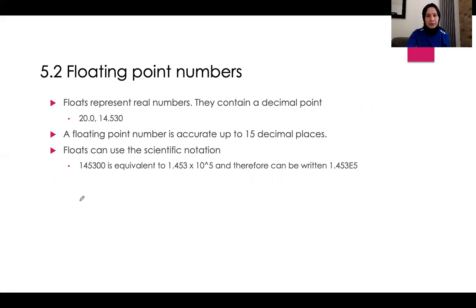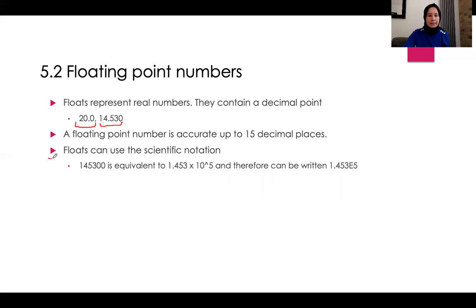And floating point numbers are another data type in Python. Floats represent real numbers and they contain a decimal point. So we have some examples here, 20.0, and 14.530. Those are just examples of float numbers. A floating point number is accurate up to 15 decimal places.